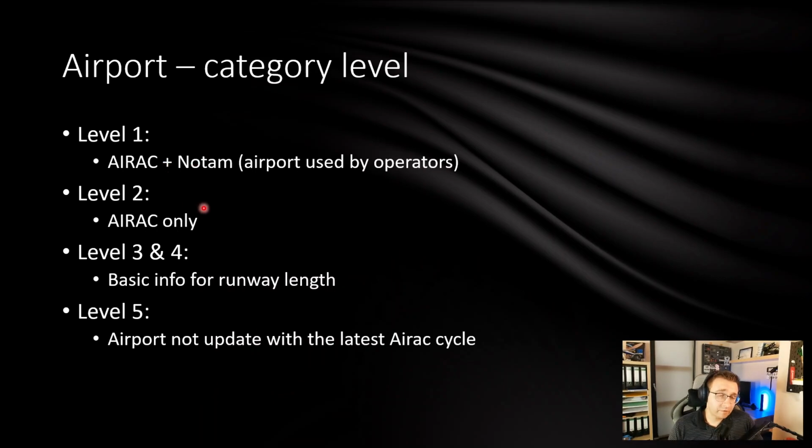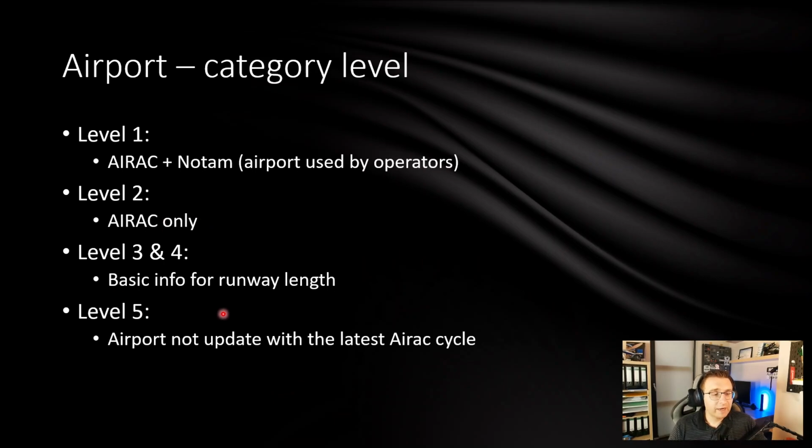So that means we're going to follow that cycle we saw before of 28 days. You have major updates like runway length and so on, but you will not have any temporary obstacles or temporary reduction in length included. Level 3 and 4 have basic information for runway length.